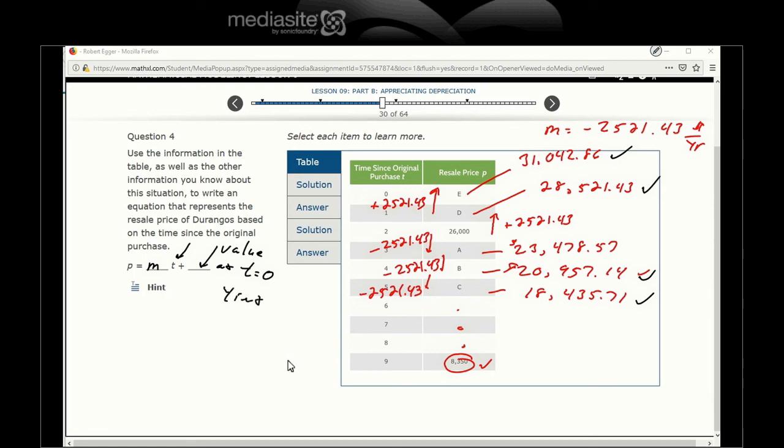We have M, minus 2521.43t, and then the value at E, this guy, 31,042.86.